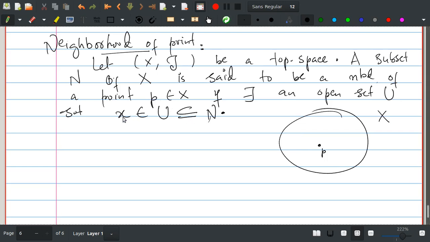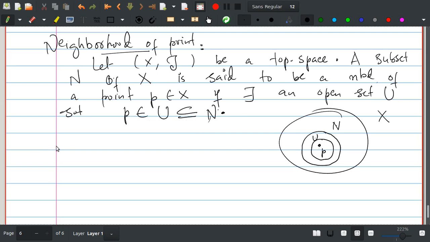First thing is that this point must be inside the set N. So this p must be an element of N, and there must exist a set, say U of p, which contains this p and is itself a subset of N, and then we call this N to be a neighborhood of p.